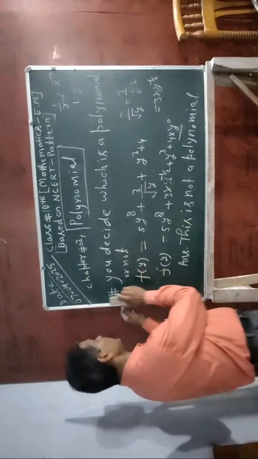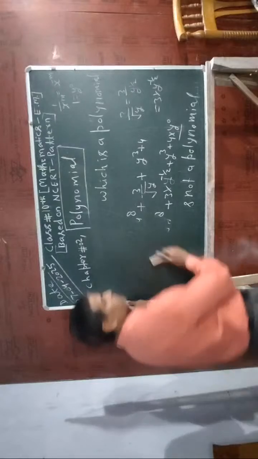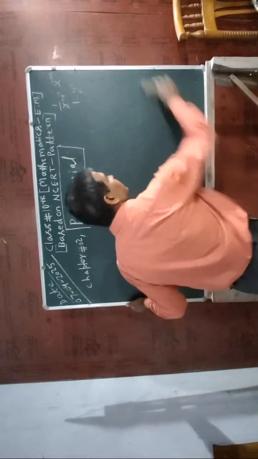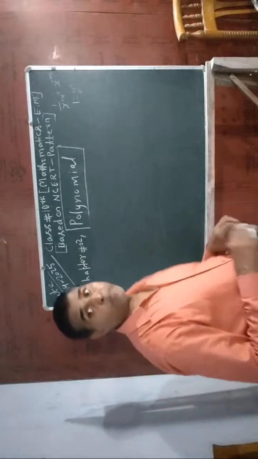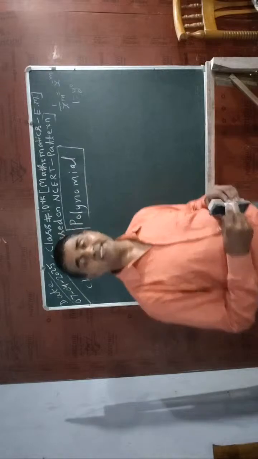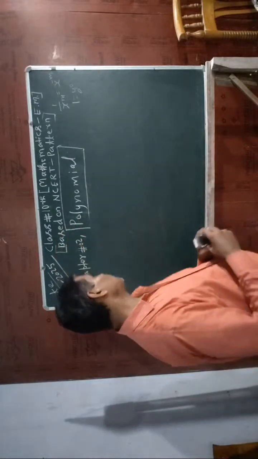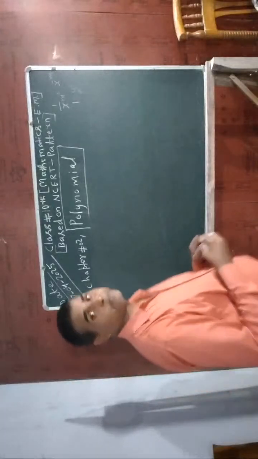Write each and every term properly, and if you are getting any confusion, write a comment, and I will see your comment and explain each point of your question in detail.